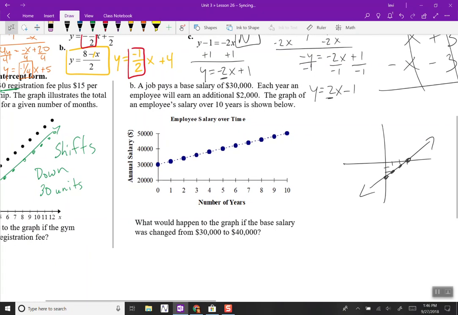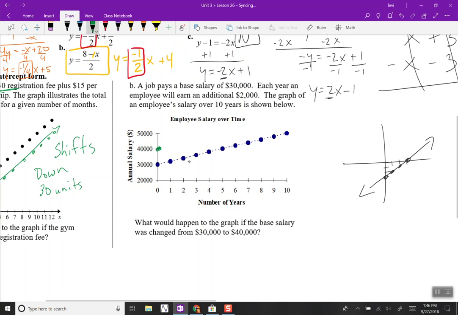And a job pays a base salary of $30,000 each year. An employee will earn an additional $2,000. The graph of an employee's salary over 10 years is shown below. All right, what would happen to the graph if the base salary was changed from 30,000 to 40,000? So the exact opposite thing here. Instead of starting at 30, now we're going to go up and start at 40.